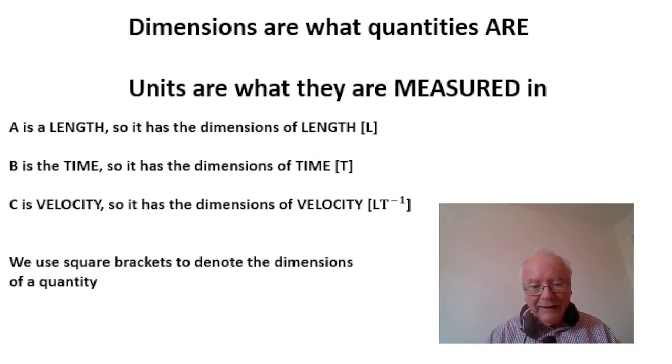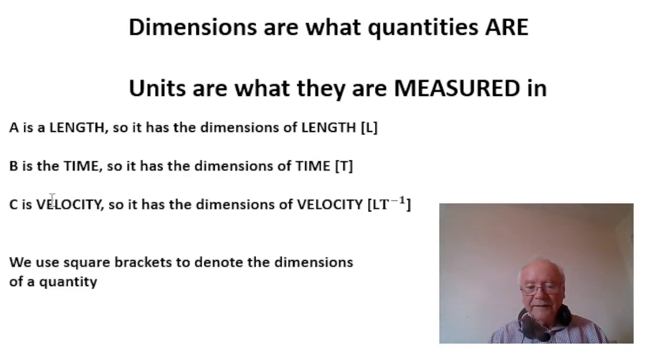So A, in my example, is a length, so therefore it has dimensions of length. And I represent the dimensions of length with a capital letter L. And the normal thing is to put L in square brackets. That denotes that I'm talking about the dimensions length.